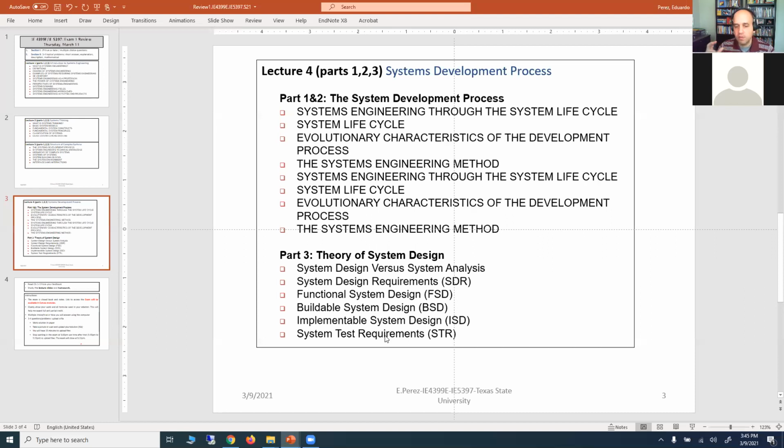And also, again, for the implementable system design. So you should know the 6 different types of requirements and how they are connected to these different designs. So that's the last piece in terms of material covered for this exam.